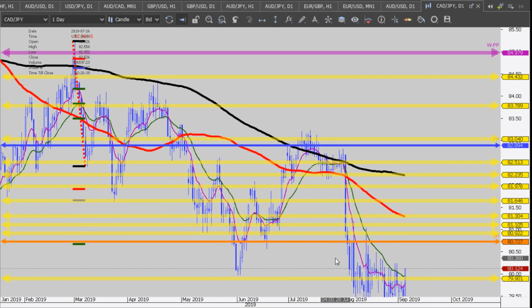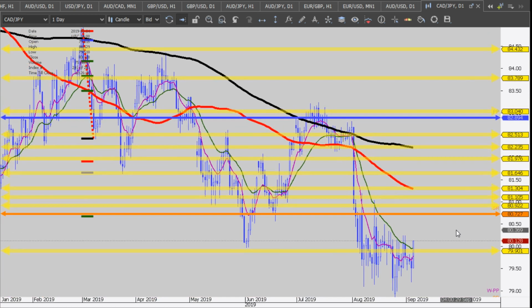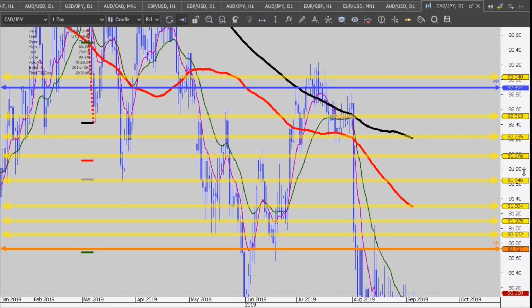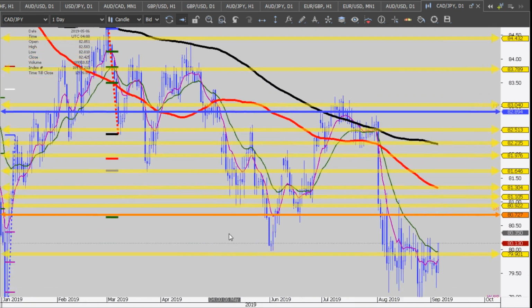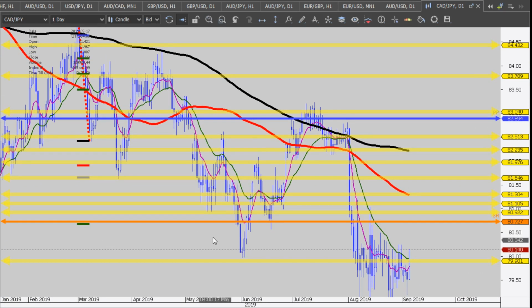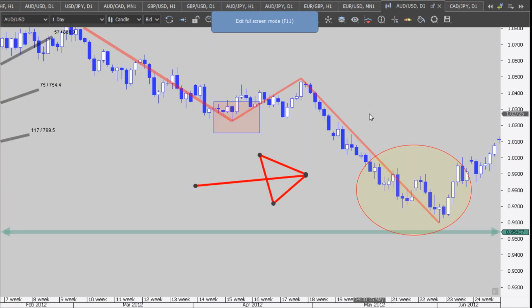This is one example of what not to do. All the lines, the blue, the yellow, the orange, are pivot points from the daily. As George said, they are everywhere. Don't do this, everybody. Just from the monthly.